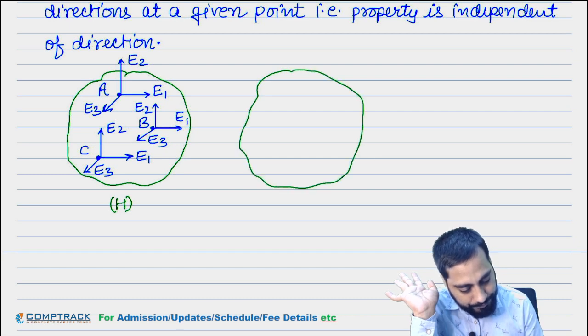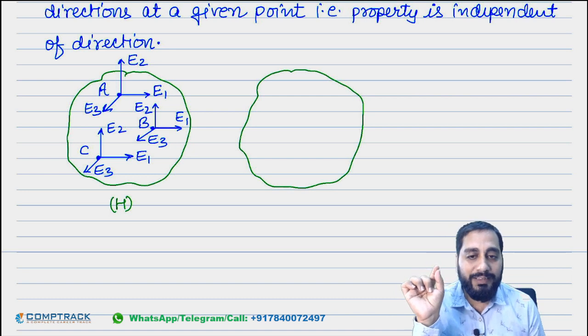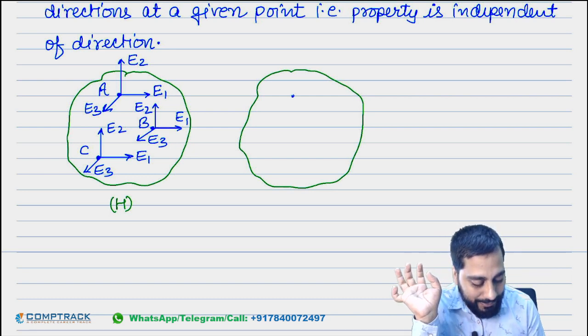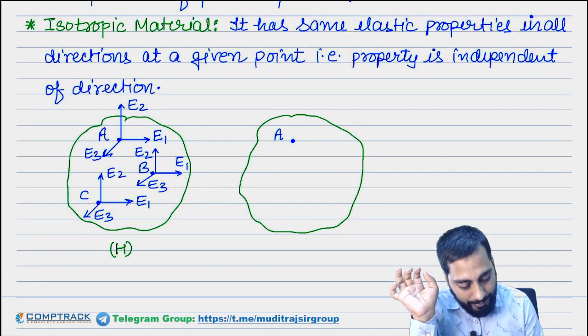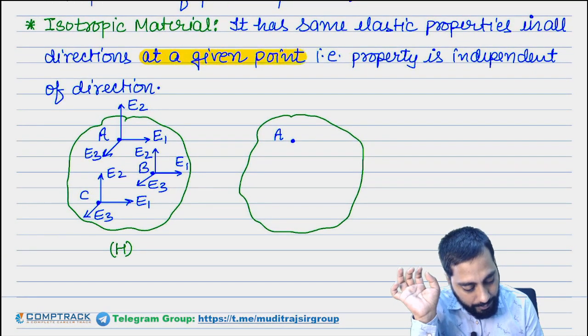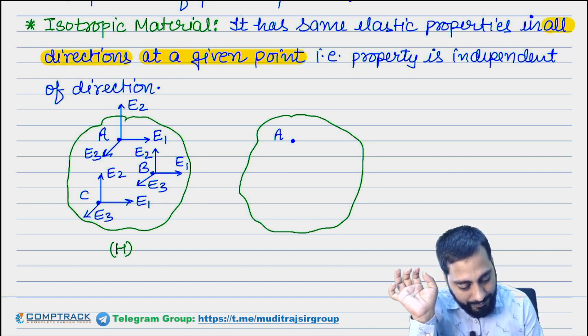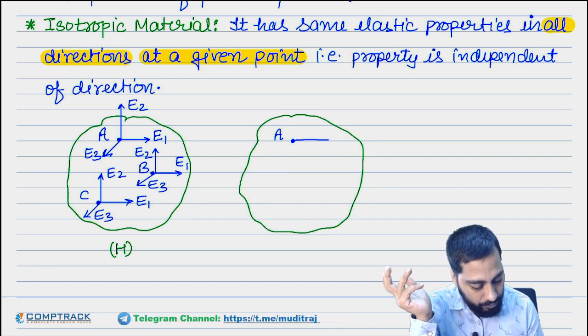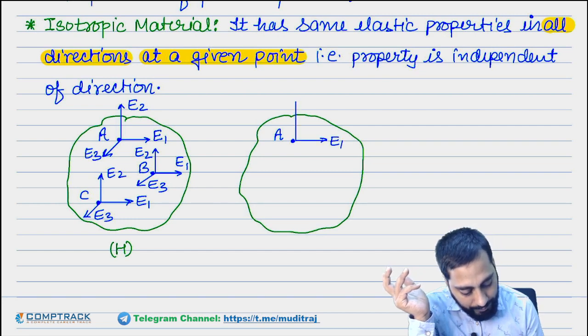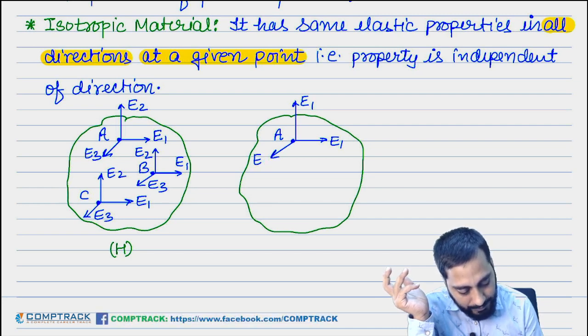Look here. Isotropic material, he is saying at a given point, let's say point A, in all directions, property is same. So whether I am going in X direction, Y direction, or Z direction, property is same.